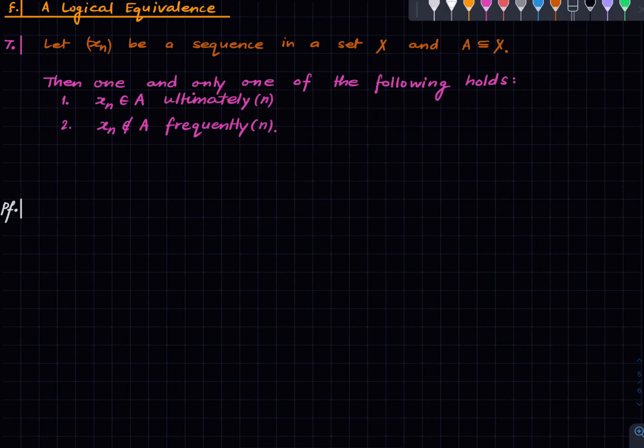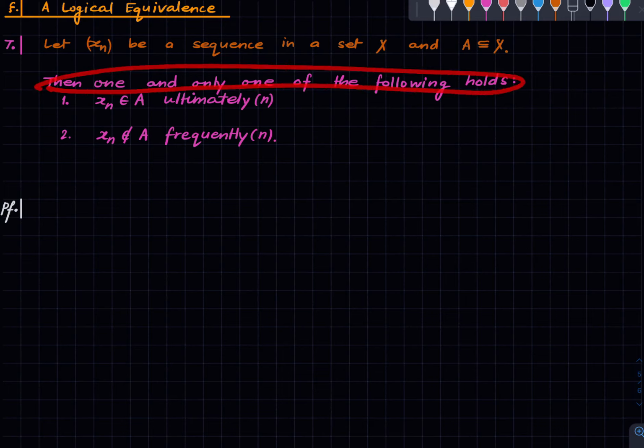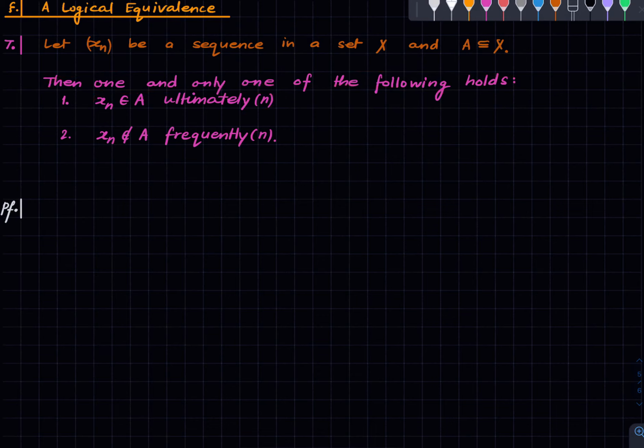Yeah, now it's what I want to write. So again, we have a sequence in a set X, and A is a subset of X. Then one and only one of the following holds: either xn lies in A ultimately, or xn is away from A frequently. Both, of course, over n.